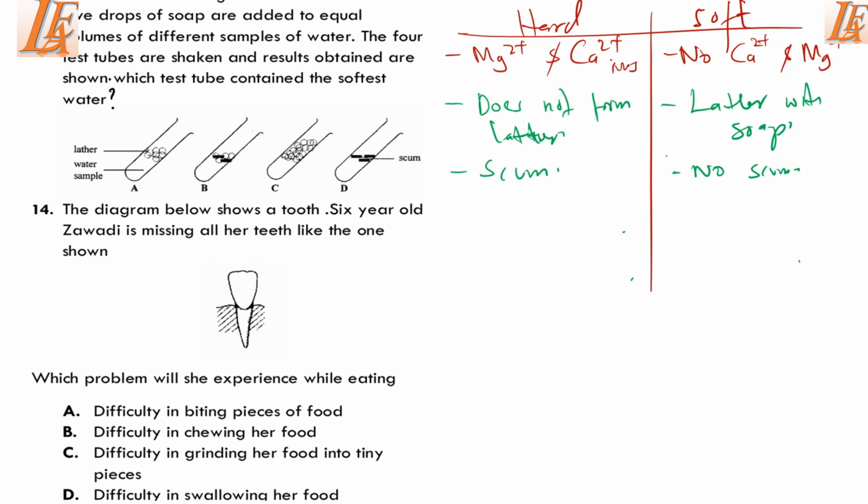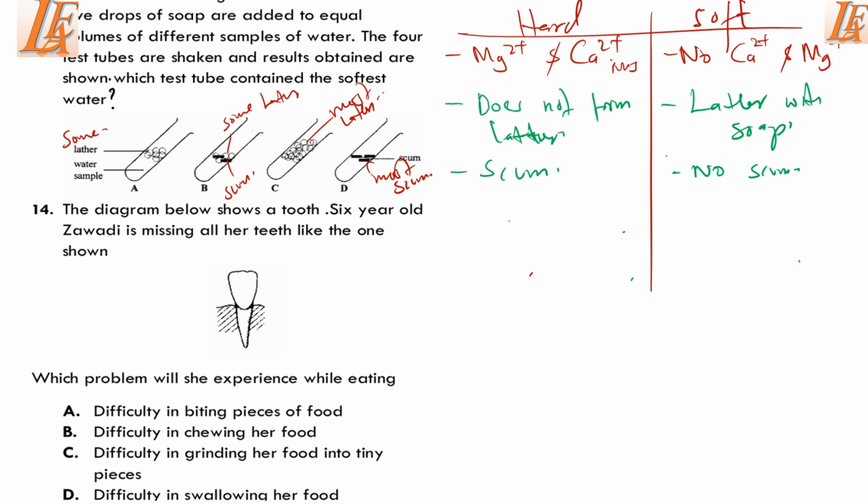In the first test tube, that is A, we have some lather. And in test tube B, we have some lather and some scum. Therefore, this water is not soft. In test tube C, we have most lather, and in test tube D, we have most scum.